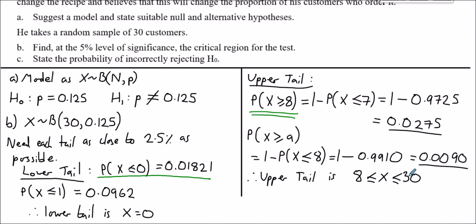So putting these two together, the critical region is going to be at the lower tail, x equal to 0, and at the upper end, this region where x is between 8 and 30 inclusive.